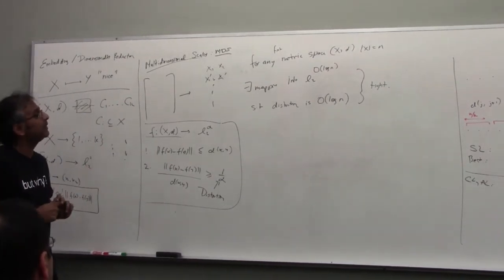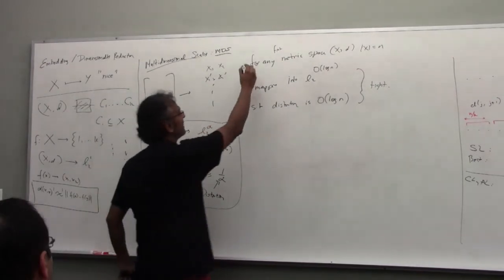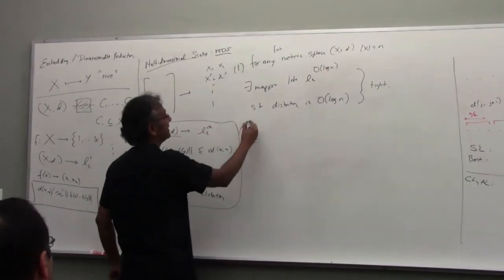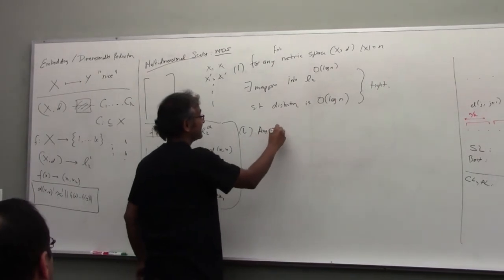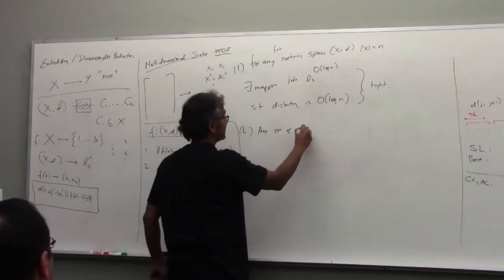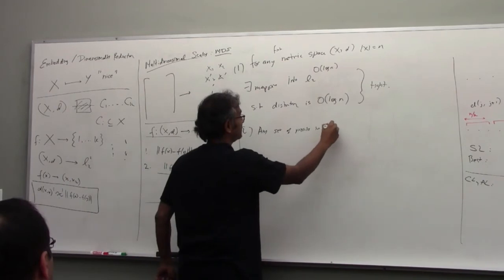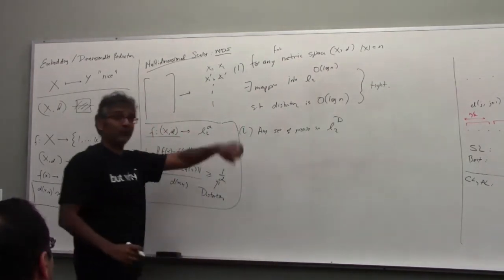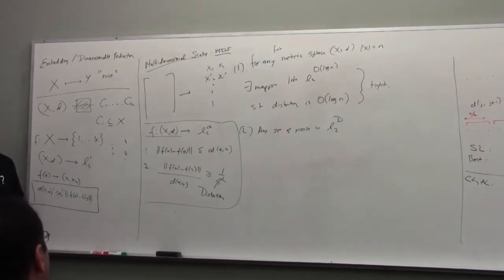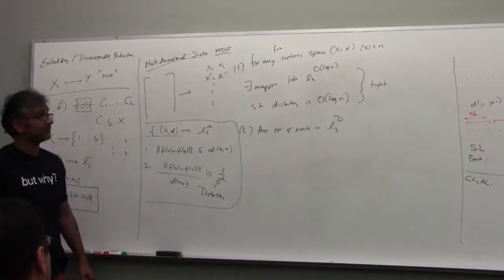So for example, suppose instead of any finite metric space, this is result 1, right? So suppose it's the same thing, but instead of any finite metric space, it is any set of points in L2 for any dimension. I don't care what the original dimension. Then the same thing holds.